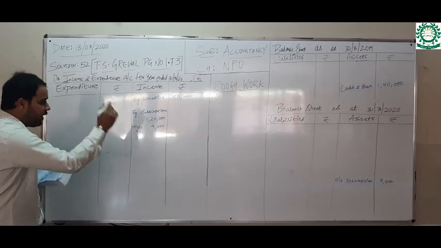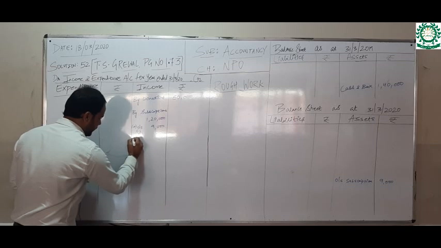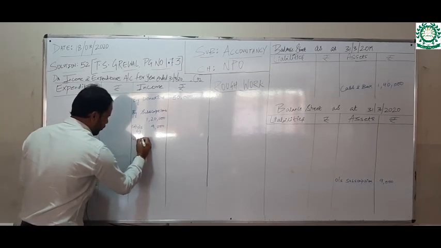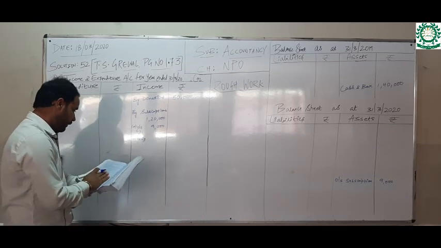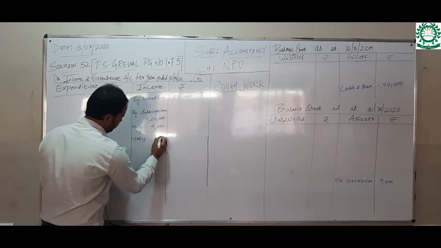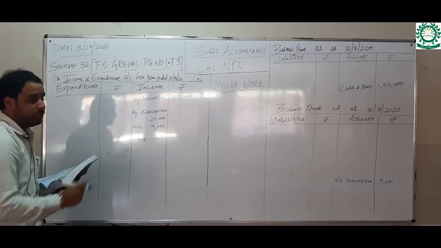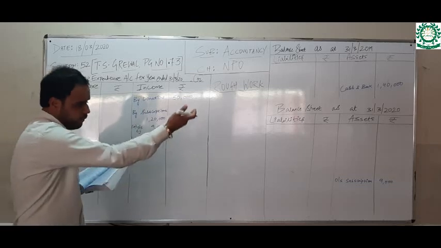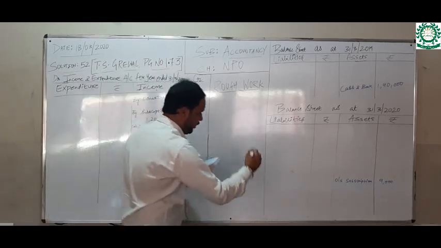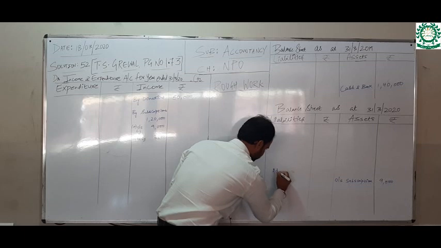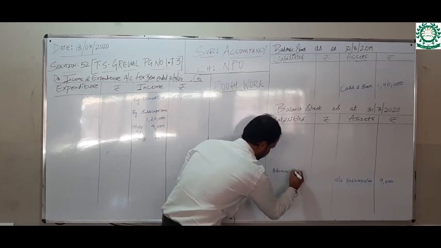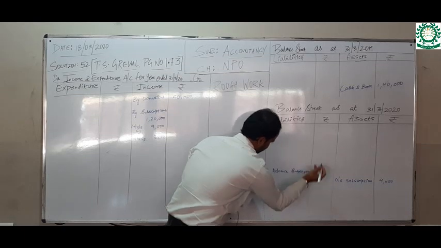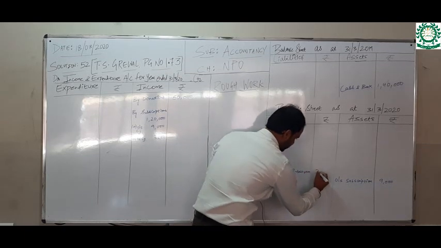To eliminate the same, we will deduct, that is minus, advance of current year, that amounts to 3,500. Again, this advance for current year is nothing but a liability for the NPO, for the organization, and liabilities go in current year's balance sheet, that is advance subscription, that amounts to 3,500.